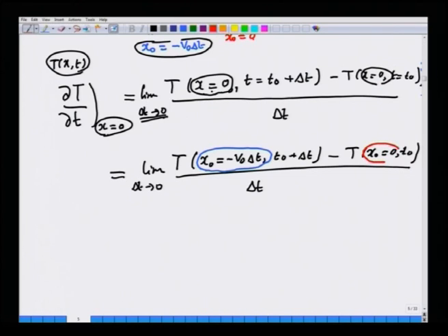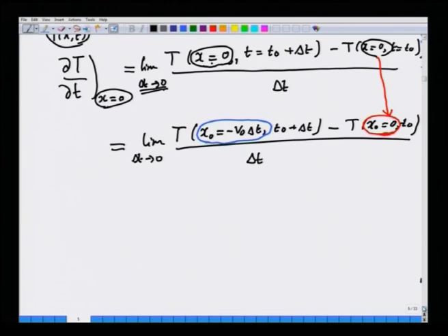So, we can change from x equal to 0 to x naught equal to 0, because the red particle is identified by its Lagrangian variable, which is merely x naught equal to 0. This is the key realization when going from Eulerian to Lagrangian: we can change the labels from Eulerian to Lagrangian by knowing which particle was occupying the current position and the previous position and so on.